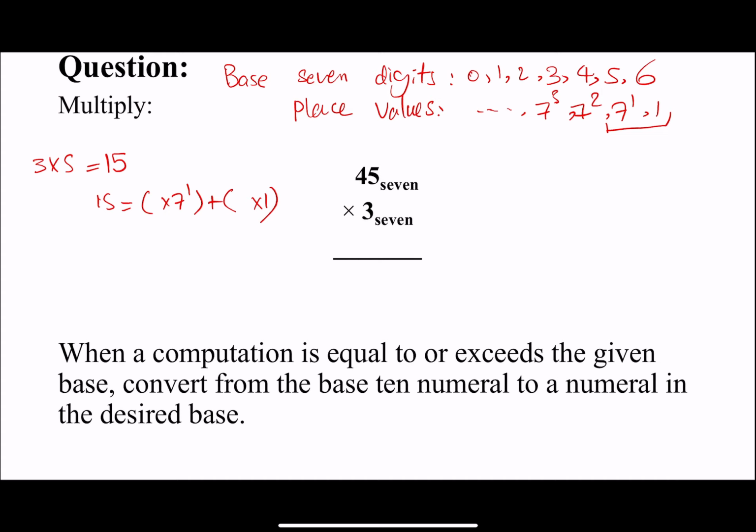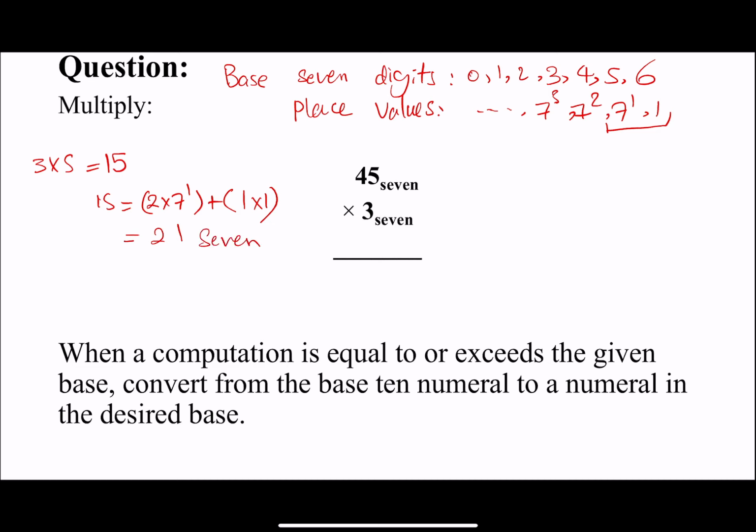So I go with 2. 2 times 7 is 14. I need one more to build up 15, so one group of 1. So 15 is 2 groups of 7, one group of 1. So 15 is actually 2, 1, base 7.